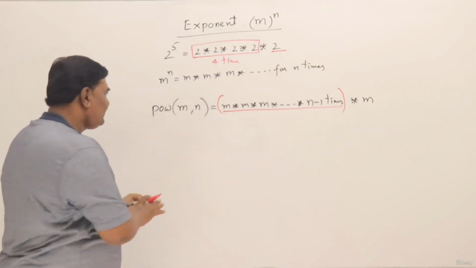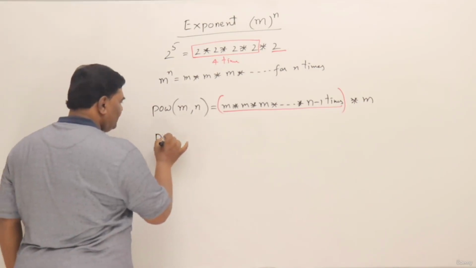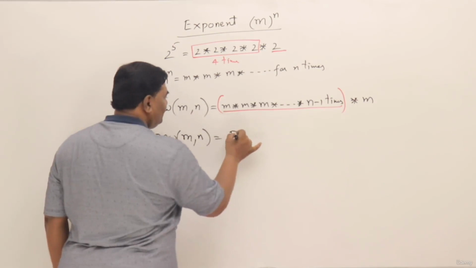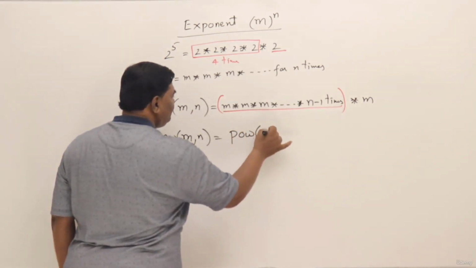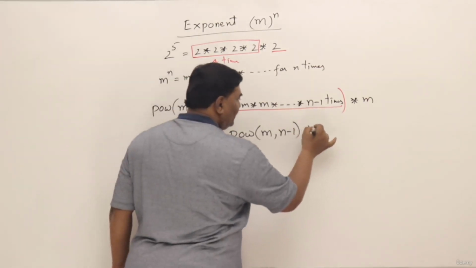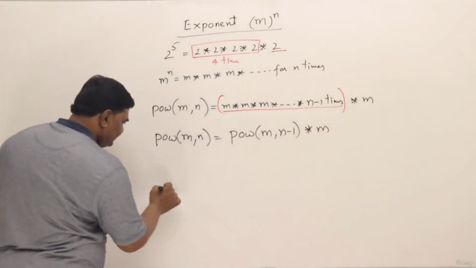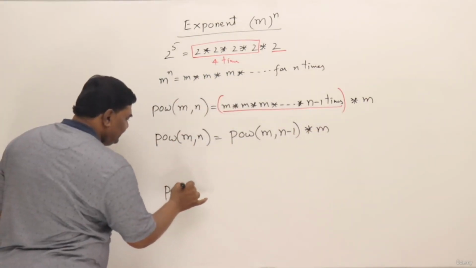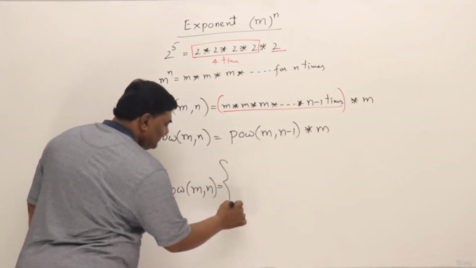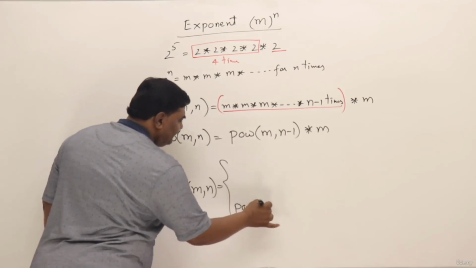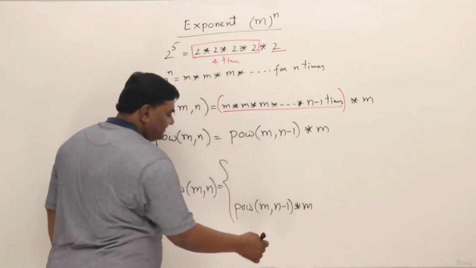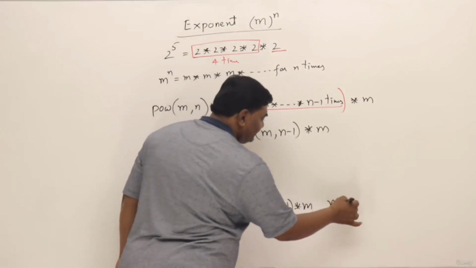Now I can define this recursively. I can say power of m comma n is power of m comma n minus 1, multiplied by m. So yes, this can be defined as a recurrence relation: power of m comma n minus 1 into m, when n is greater than 0.